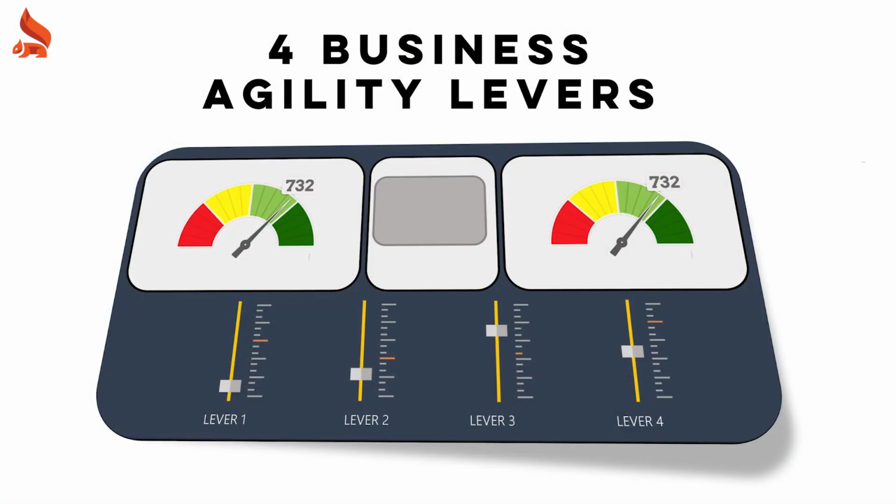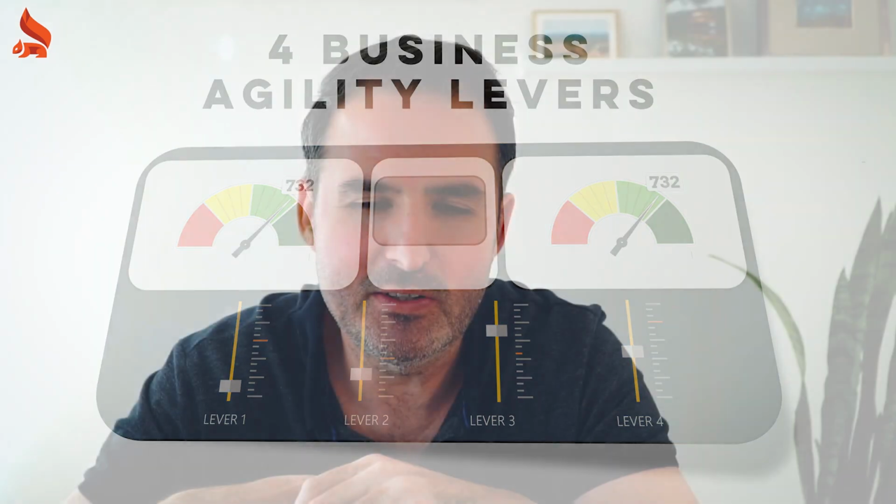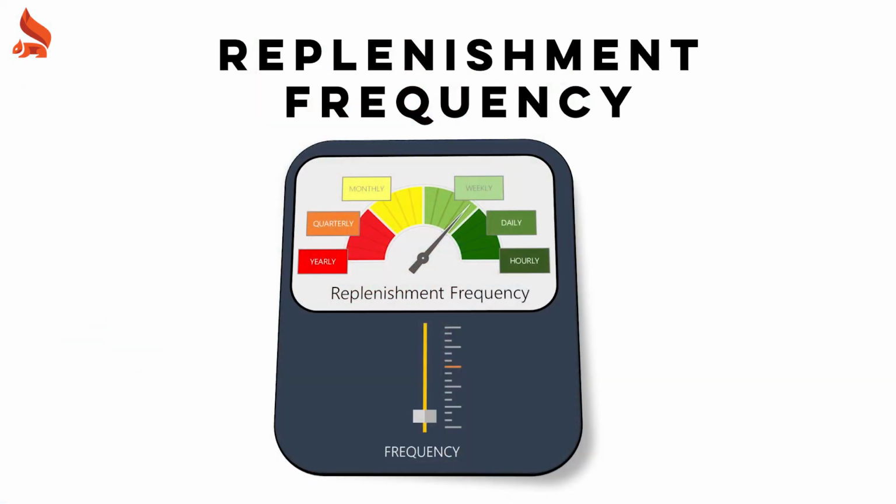All right, so for levers, then maybe you could just imagine there's a bunch of readouts here to show where it's actually operating, and you're trying to set things to the right level. So let's go lever by lever and talk about what they are. So the first lever is what I refer to as your replenishment frequency.